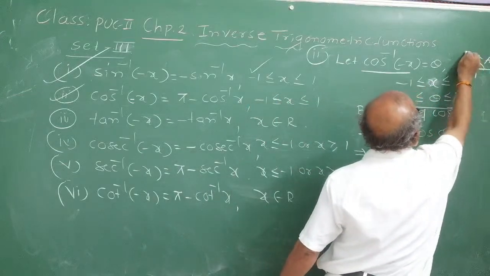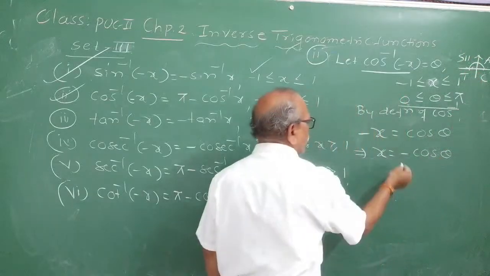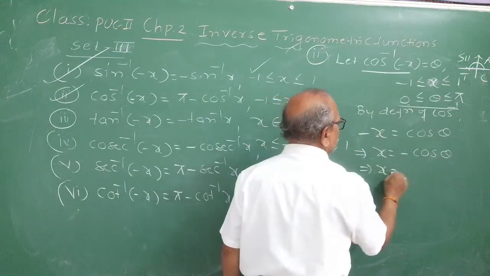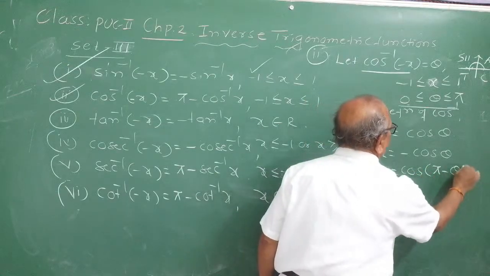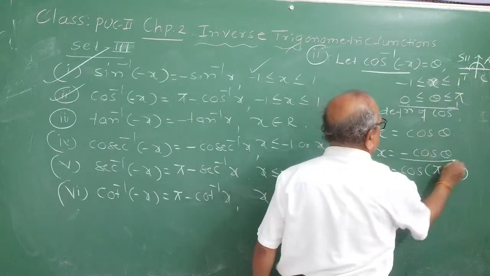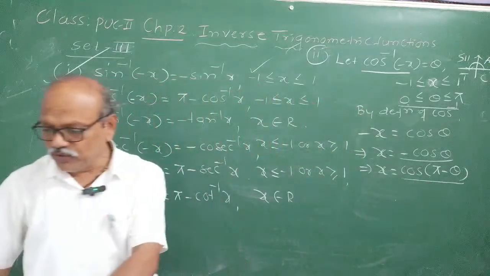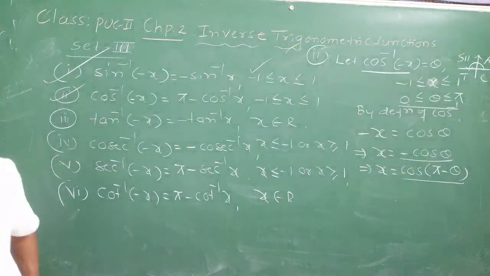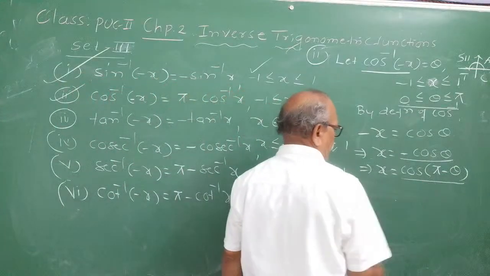According to ASTC rule, except sine and cosec, rest are negative. Observe, can I write this minus cos theta as cos of pi minus theta, 180 minus theta? Cos 180 minus theta is minus cos theta. I am writing minus cos theta using allied angle. Therefore, I told you allied angle is very, very important while proving inverse trigonometric functions.